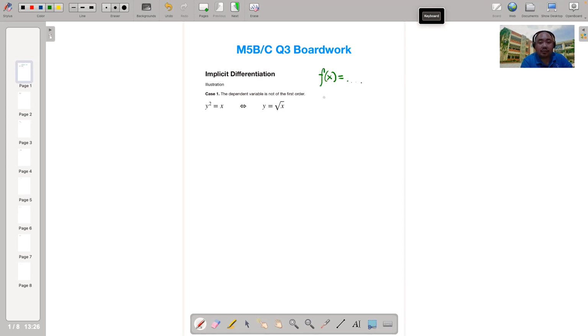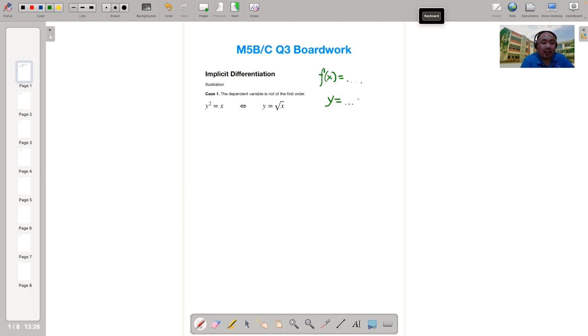Or you might also see y, the dependent variable, is equal to expressions in terms of x's. You can have as many terms as you like, or even transcendental functions, but always the dependent variable is on one side, typically the left-hand side, and all the expressions containing the independent variable are on the right side.